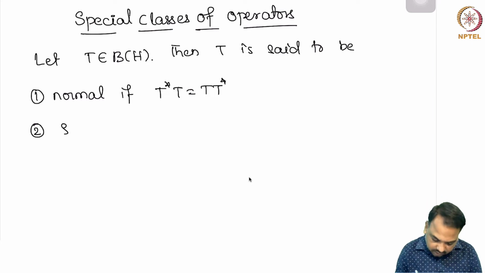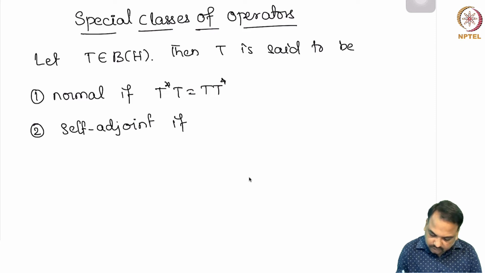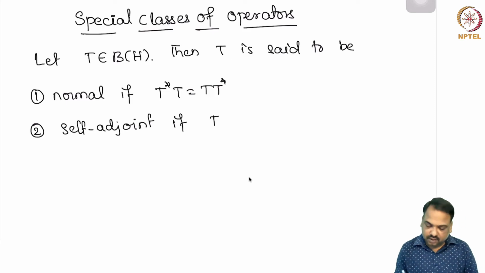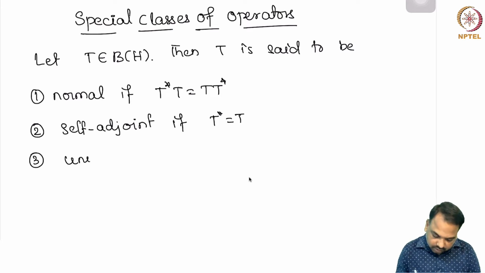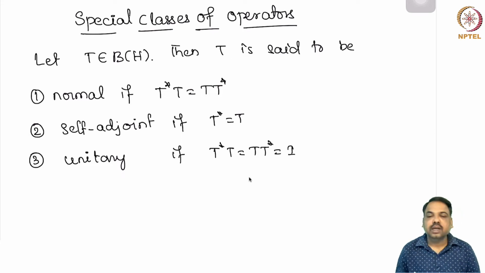T is said to be self-adjoint if T star equals T. T is said to be unitary if T star T equals T T star equals the identity operator I.